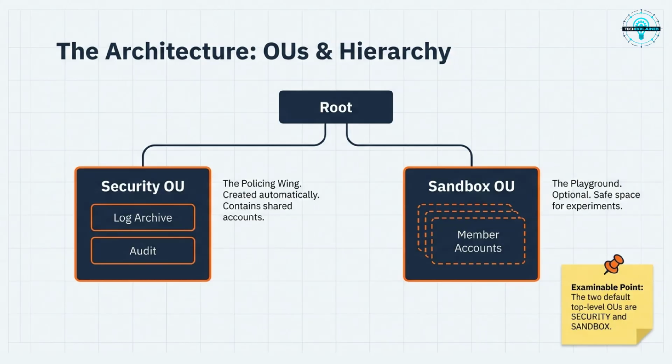This is the playground, where developers can experiment without putting production at risk. You can also create custom OUs for your own teams and workloads. The hierarchy matters because policies applied to an OU automatically apply to every account inside it. That's how you enforce governance at scale without manually configuring every single account.